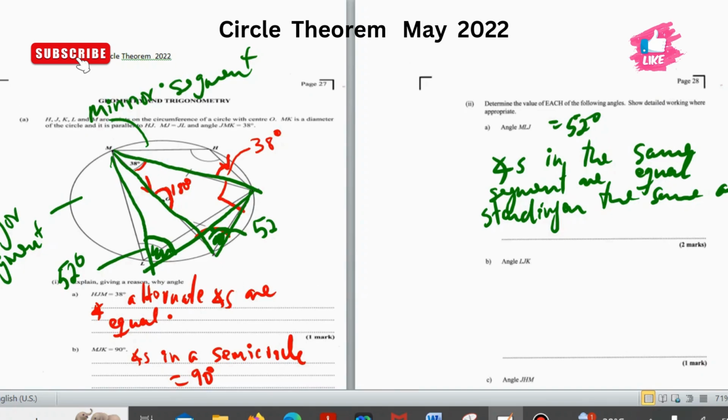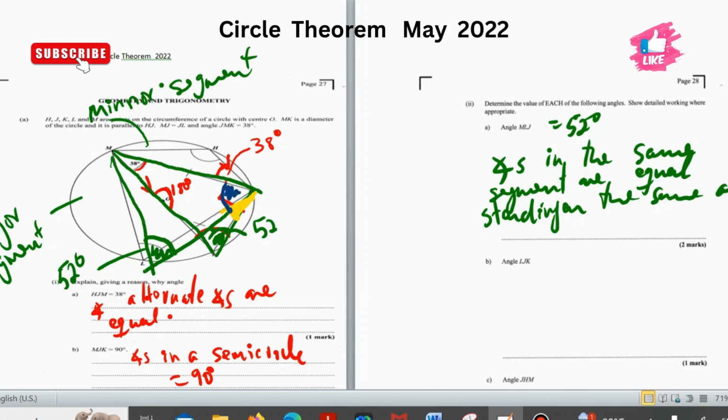Okay. In addition to that, now we need to find LJK. So we need to find this little angle inside here. But before we can find that little angle, we will first have to calculate the size of this angle here.